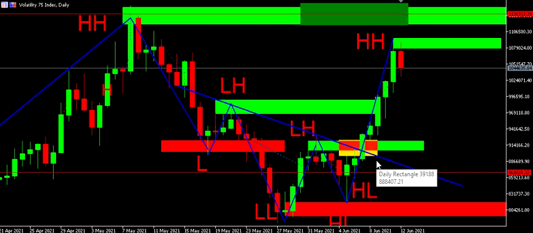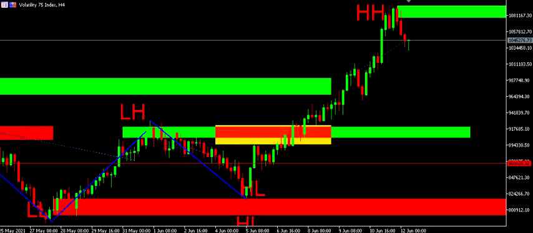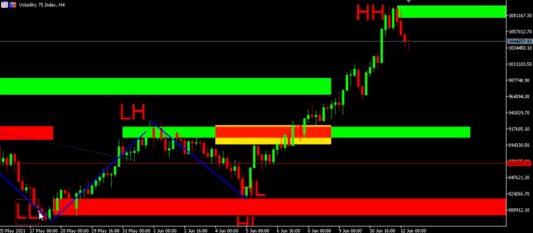So we can go further to the 4-hour chart analysis. I'm going to go to the 4-hour time frame. Okay, now this is the 4-hour chart, and we have our lower low from the daily chart around here. On the daily chart, this is our higher low.